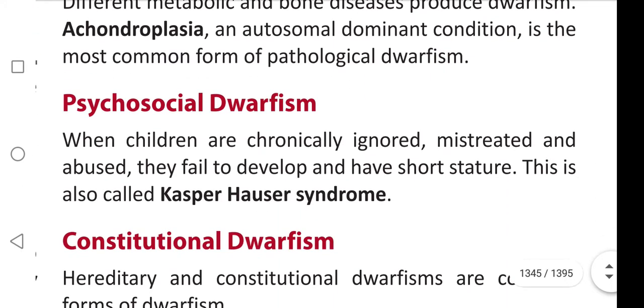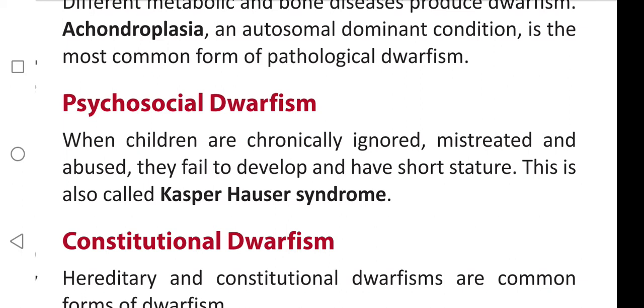Coming to psychosocial dwarfism, when children are chronically ignored, mistreated, abused, and they fail to develop and have short stature, this is also called Kaspar Hauser syndrome. What is Kaspar Hauser syndrome?